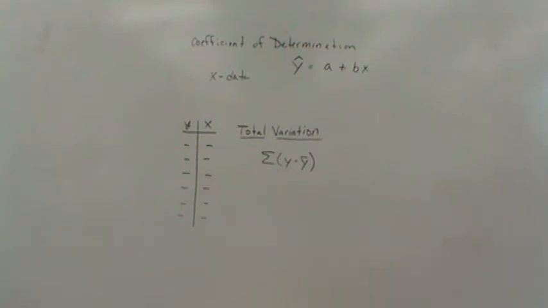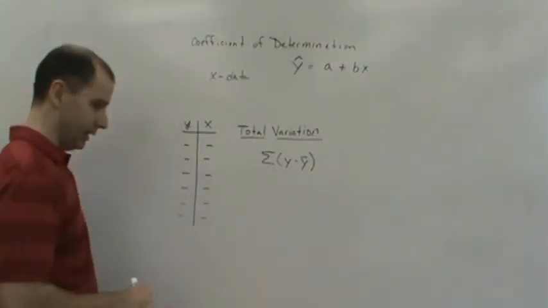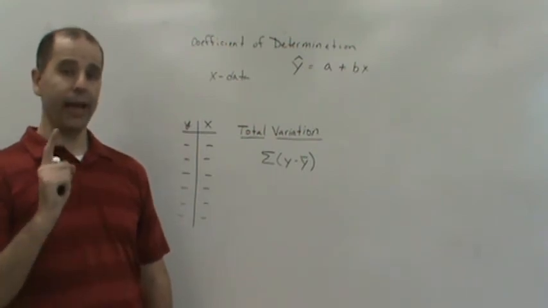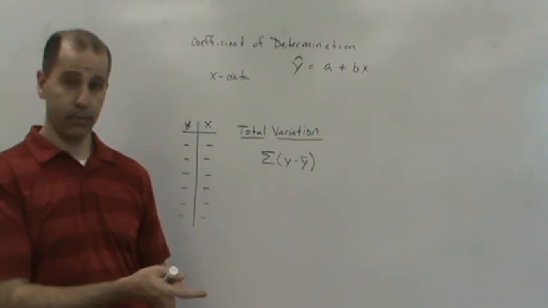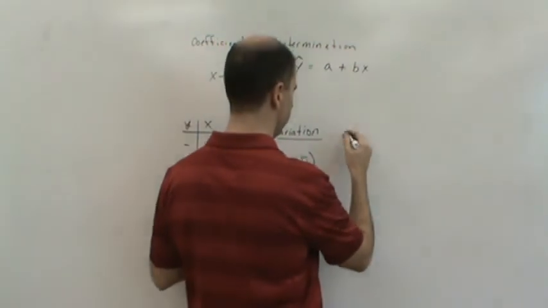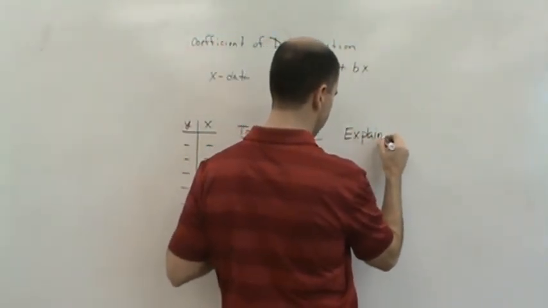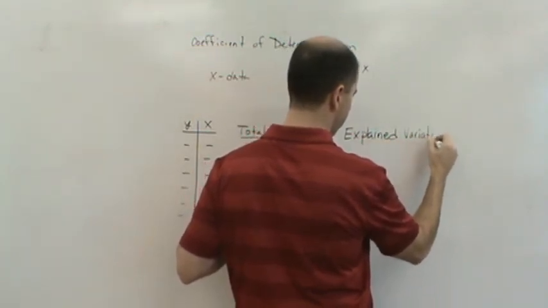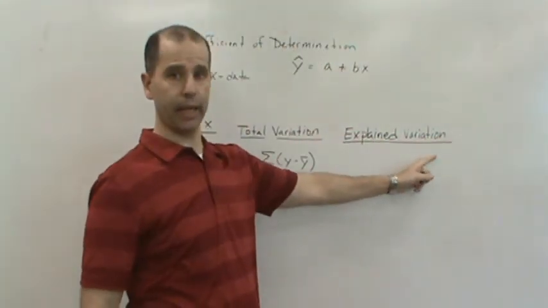The variation that we would see in the y values that is explained by the fact that we have variation in our x values, that's what we're going to call explained variation.